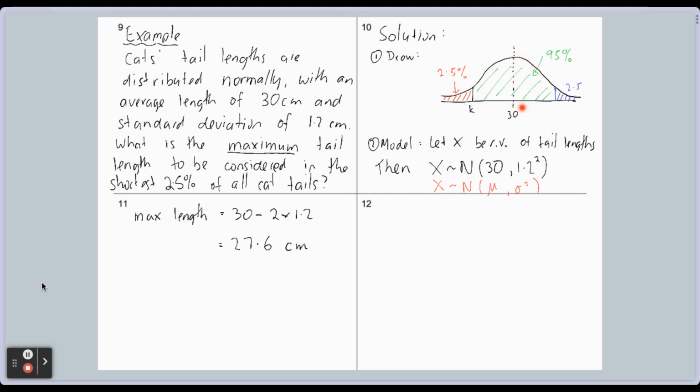This is 95% of all data, which means that gives us the tail of 2.5%. This value k is 2 sigmas away from 30. It's below 30, so it's going to be 30 minus 2 lots of the standard deviation.